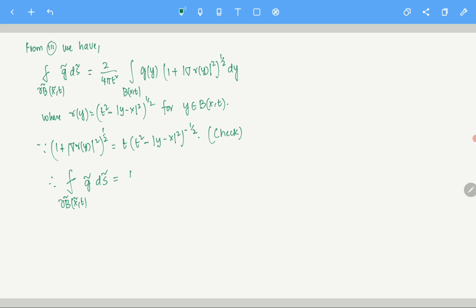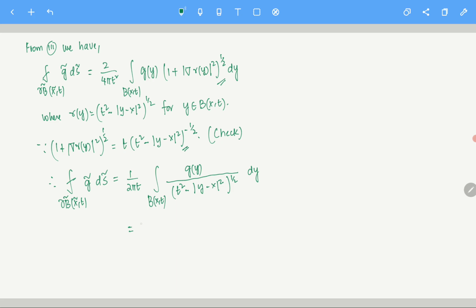This is given by 1 by 2 pi t, right? Because that is getting cancelled, and this t and this t square are getting cancelled, and you have b of xt g of y by t square minus y minus x square whole power half dy. Clear? You just put the values in here, and that is what we are going to get, right?